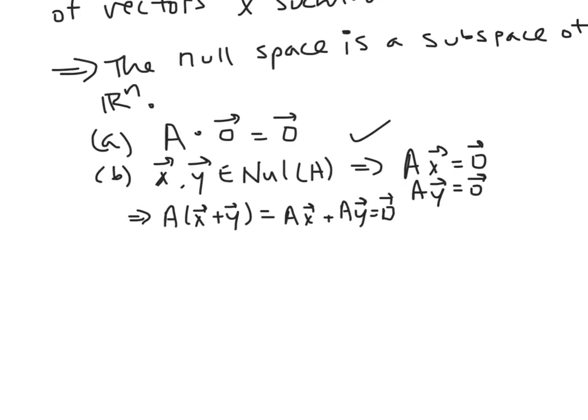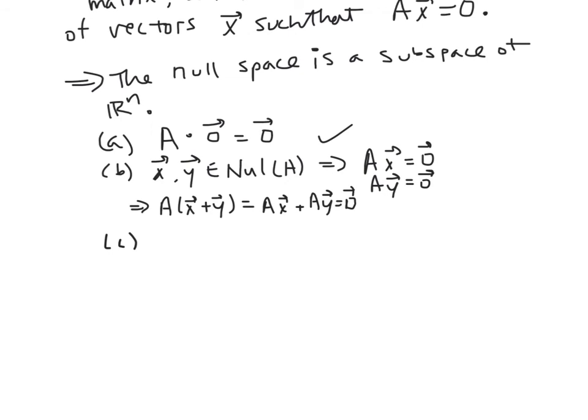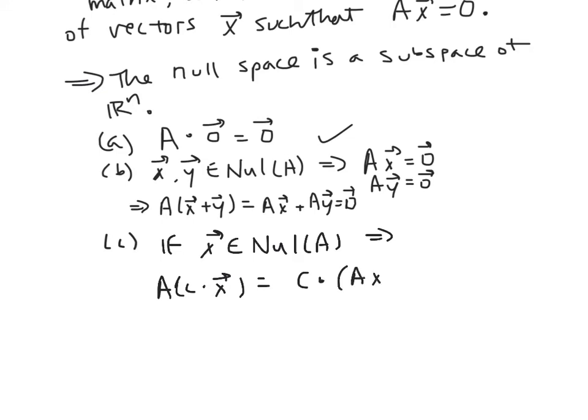All right, so now we just need to show one more condition, that it's closed under scalar multiplication. If we know that x is in the null space of A, then A times cx is the same as c times Ax, which is c times 0, which is the zero vector. So this tells us that the null space is a subspace of Rn.